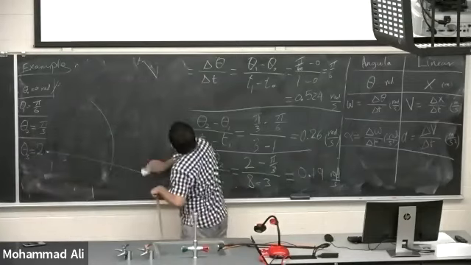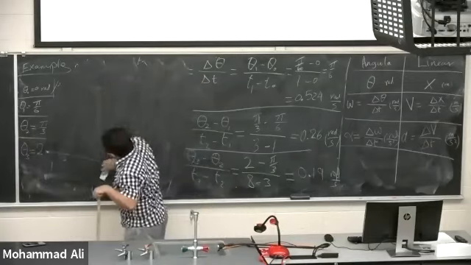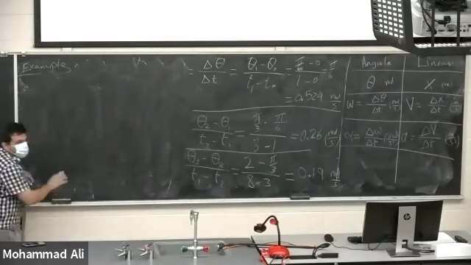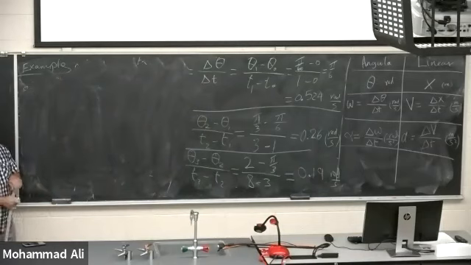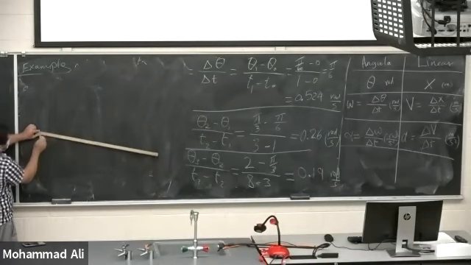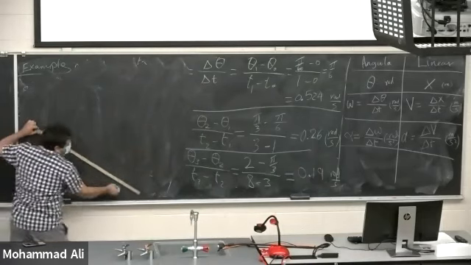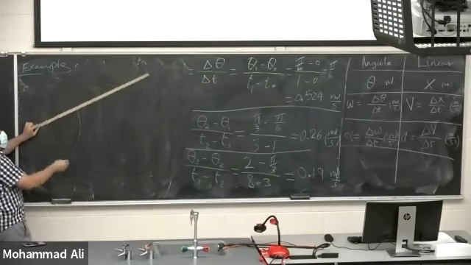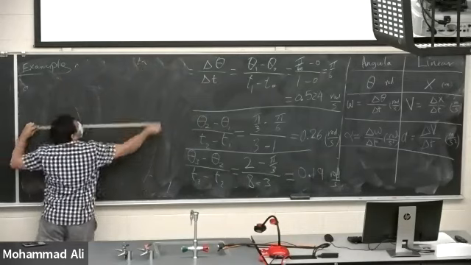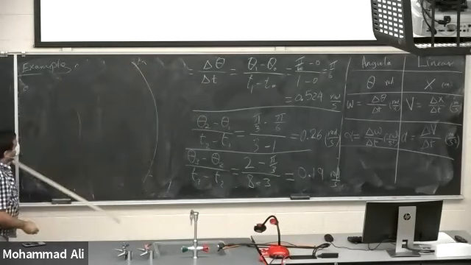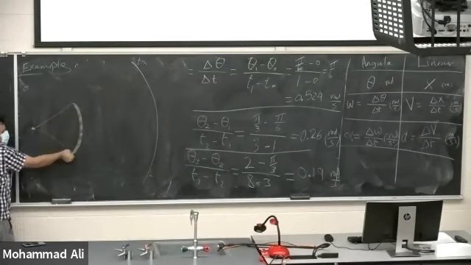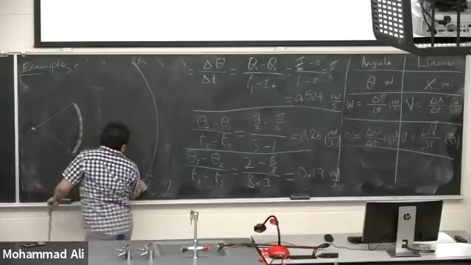For the rotated objects, the object which is near to the center of rotation is slower than the one farther away, because the distance moved here is less than this.